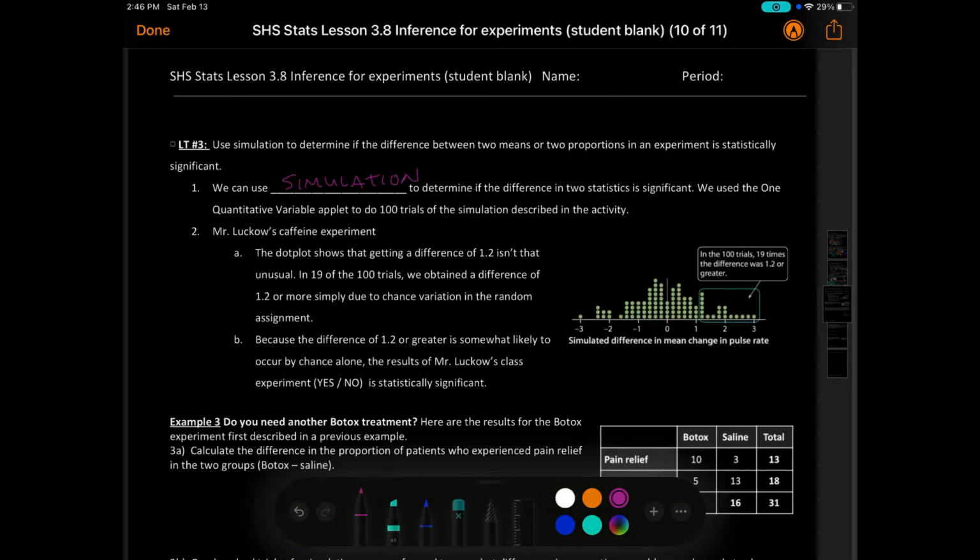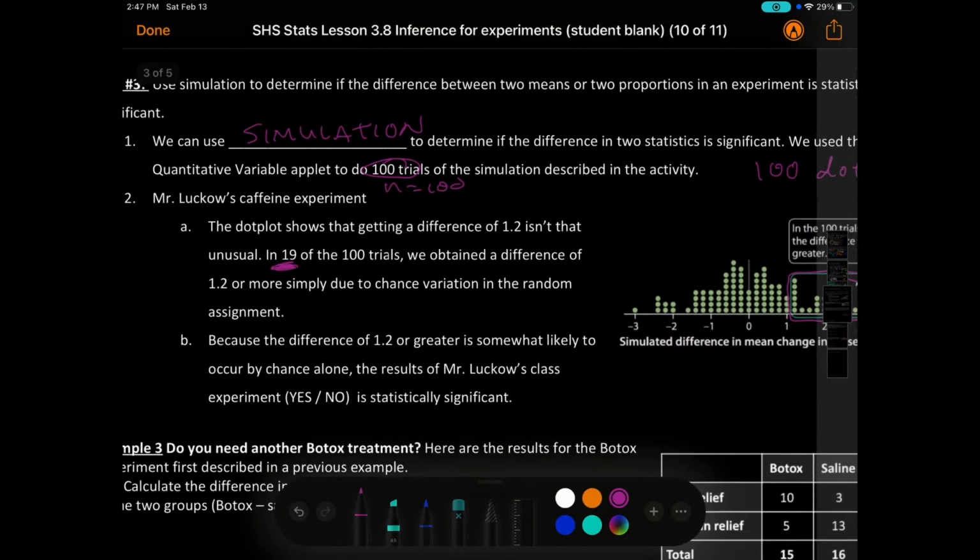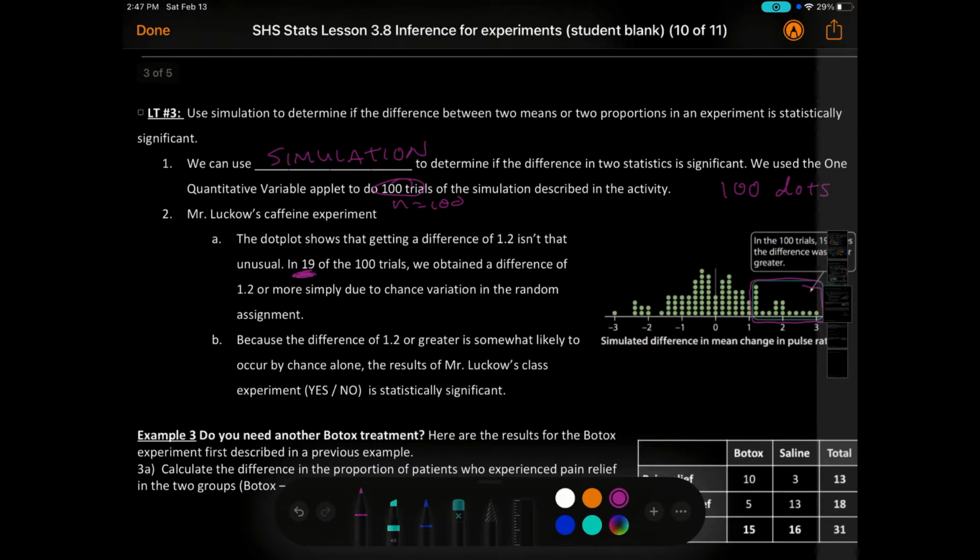The dot plot shows that getting a difference of 1.2 isn't that unusual. In the 100 trials, so there's 100 dots because n equals 100. In our simulation, only 19 of those, which is in this box right here, had a pulse rate more than 1.2. We obtained a difference of 1.2 or more simply due to chance variation in the random assignment.